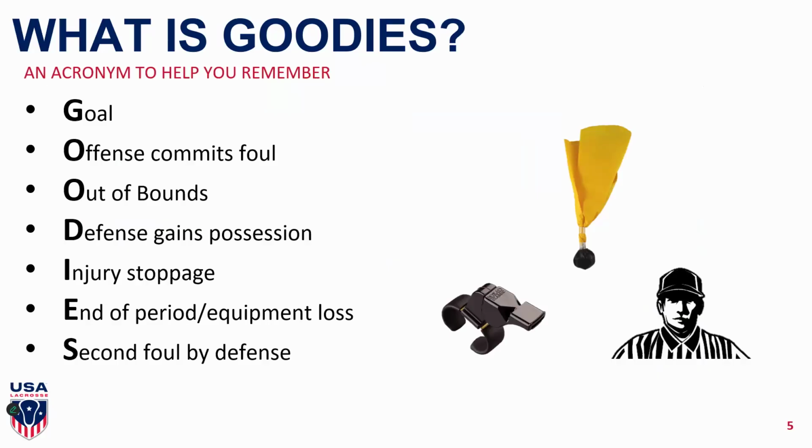But again, goal, offense commits a foul, out of bounds, defense gains possession, an injury, end of period, second foul by the defense. And that second foul also means second flag. When a flag is down in both games, high school and college, we're specifically talking high school tonight, but when that other team commits a foul, technical or personal, and a flag is down, all penalties are time serving.